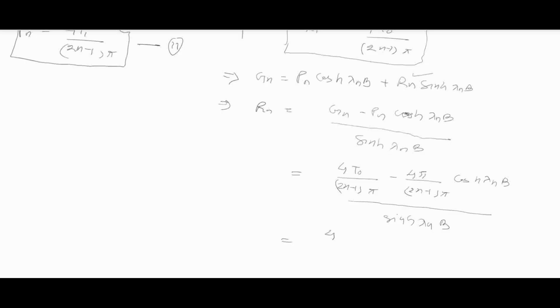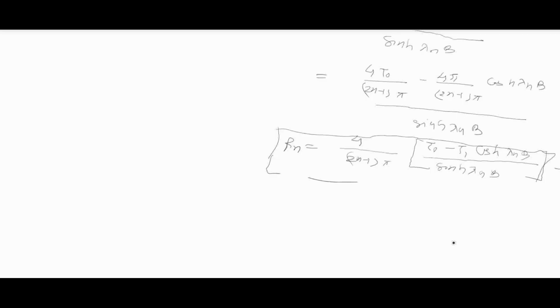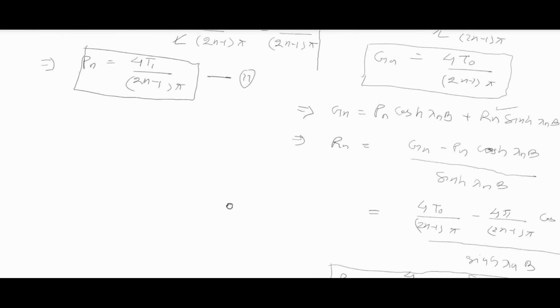This will give us 4 by 2n minus 1 into pi, whole into T0 minus T1 cosh lambda n b by sinh lambda n b. Now we got the value of Rn here. This is equation number 12. Now we have obtained the values of Rn and Pn.